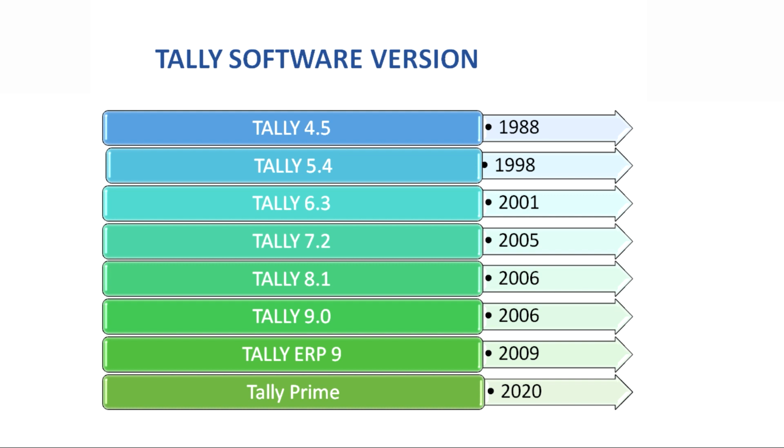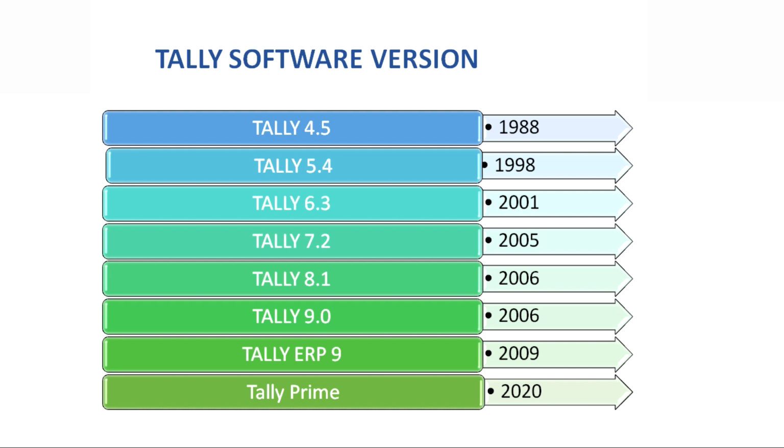Next we come with Tally 6.3 in 2001. Later on Tally 7.2 in 2005. Next Tally 8.1 in 2006. Then Tally 9.0 in the same year 2006, and Tally ERP 9 in 2009.